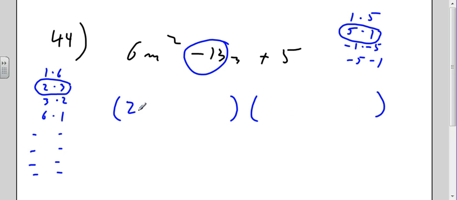So I'm going to go 2m, 3m, and then I want 5, 1. All right, but that's not going to work. Okay, so that won't work because they both have to be negative or they both have to be positive. So we'll do it again.